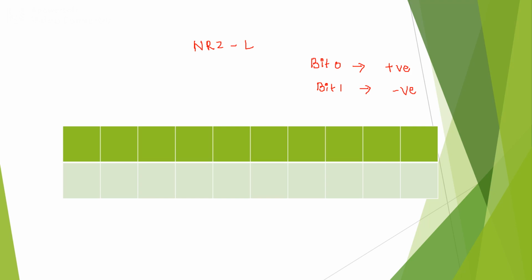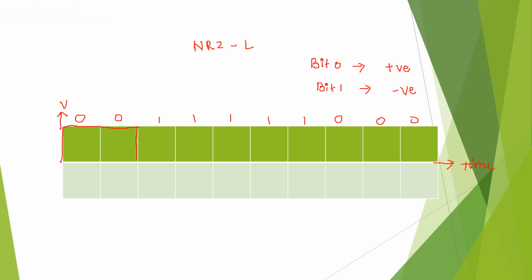Here we can take the same pattern: 0, 0, 1, 1, 1, 1, 1, 0, 0, 0. On the x axis we consider voltage and on the y axis we consider time. So bit 0 is positive voltage, and bit 0 is once again positive.